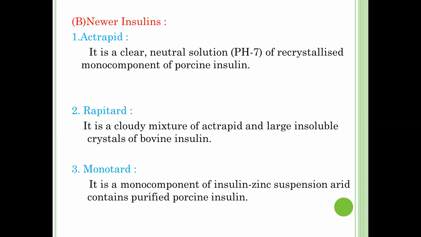Then the next and last preparation is Monotard. So it is a mono component. Mono means single. Okay, so it is a mono component of insulin zinc suspension and it contains purified porcine insulin.